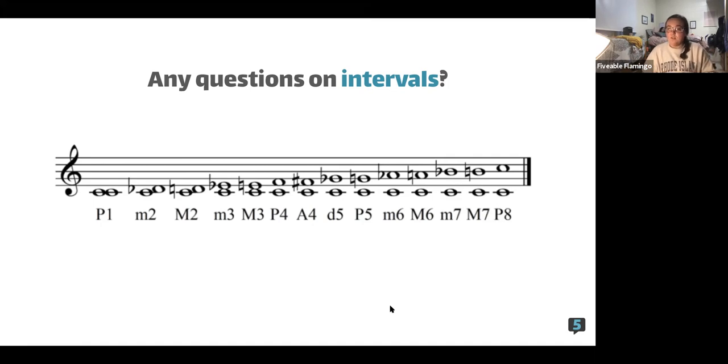So this is a unison, which they have here as a P1. And then they have a minor second, major second, minor third, major third, perfect fourth. They have it here as an A4, but it's really called a tritone.